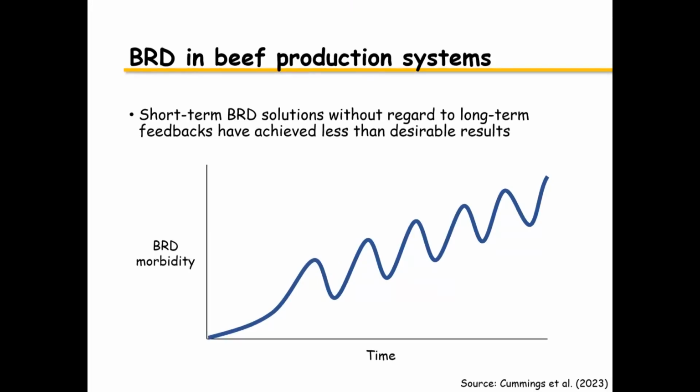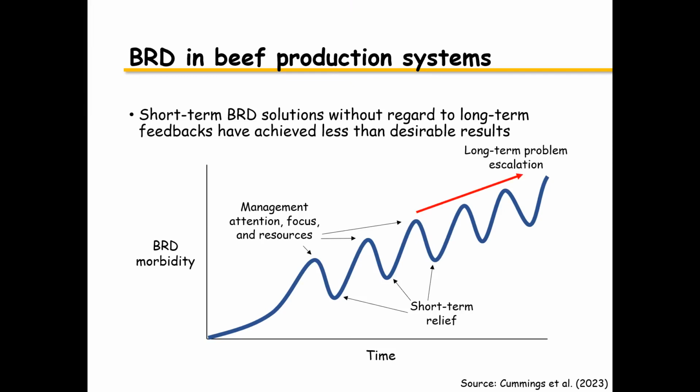And what we see with that, when we think about what's happening with management, is when the crisis breaks out, when the pressure is on, it gets attention, it gets focus, and it gets resources to do something about it. And in the short term, that might provide some relief. Longer term, the problem is still escalating. The problem is still occurring.